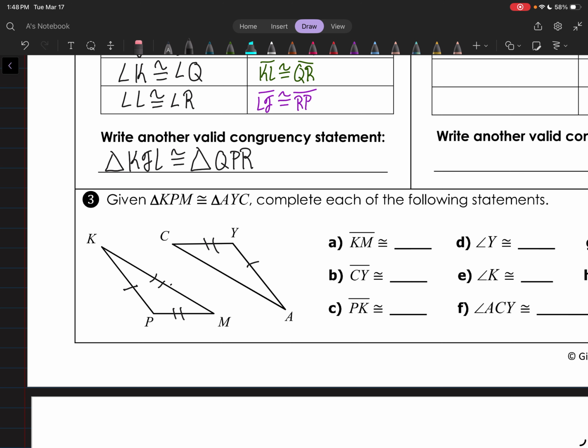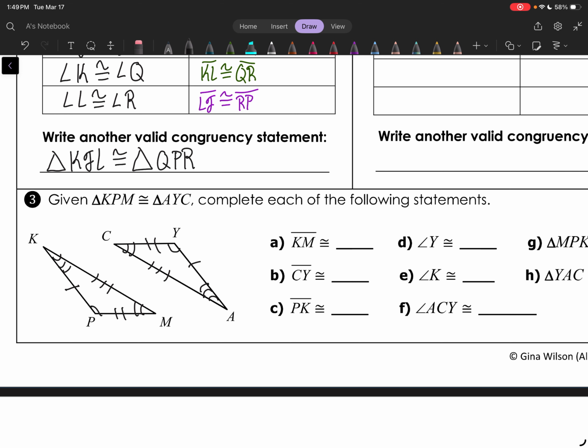MK is congruent to CA. The angles here are also going to be congruent. So there's the triangle filled out.